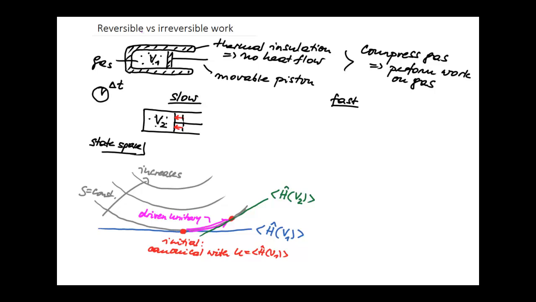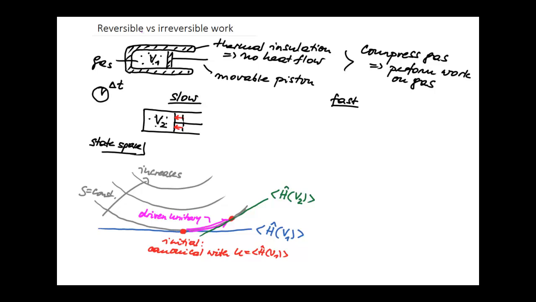So the expectation value of the Hamiltonian in the final state is higher than the expectation value of the Hamiltonian in the initial state, and the difference between the two is just the work that we put into the system.